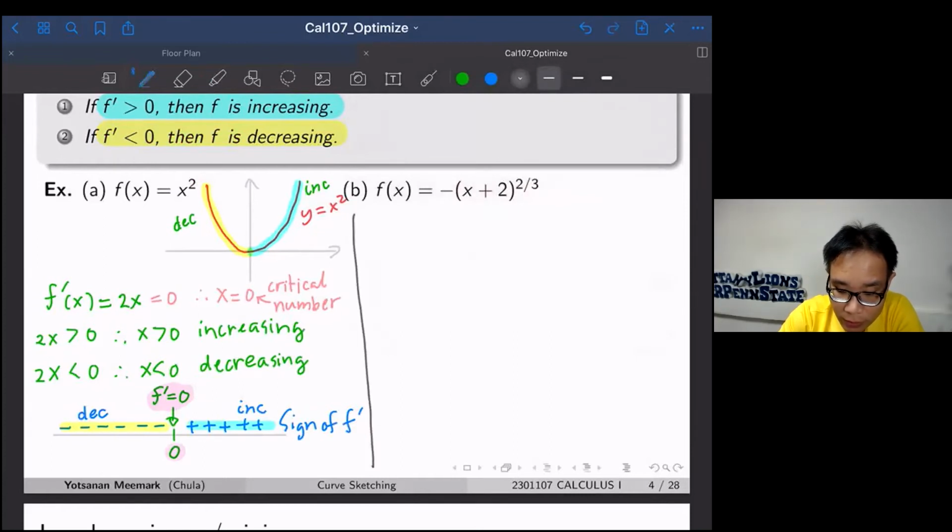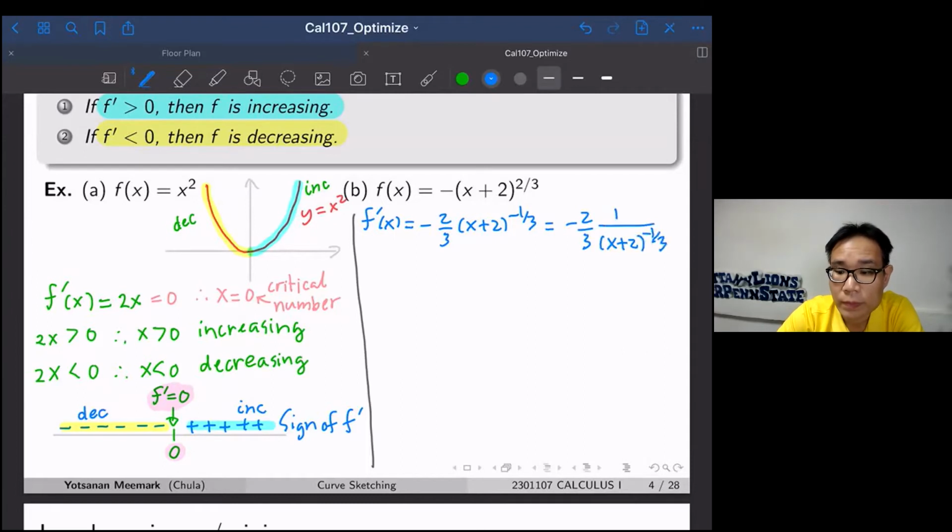So you get f prime x equal to negative 2/3 times x plus 2 to the negative 1/3. This equals negative 2/3 times 1 over x plus 2 to the 1/3.